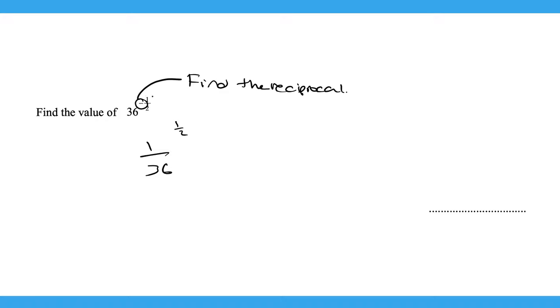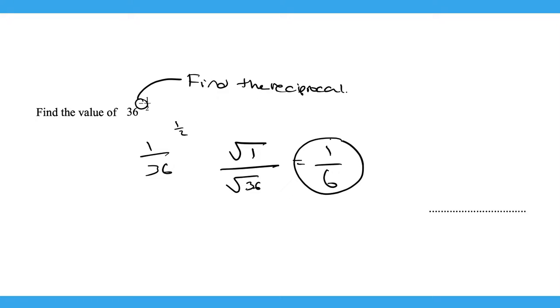Now because it's to the power of a half, that means we need to square root, and because it's a fraction, we need to square root both sides. So we do the square root of 1 over the square root of 36. The square root of 1 is just 1, and the square root of 36 is 6. So our answer is 1/6.